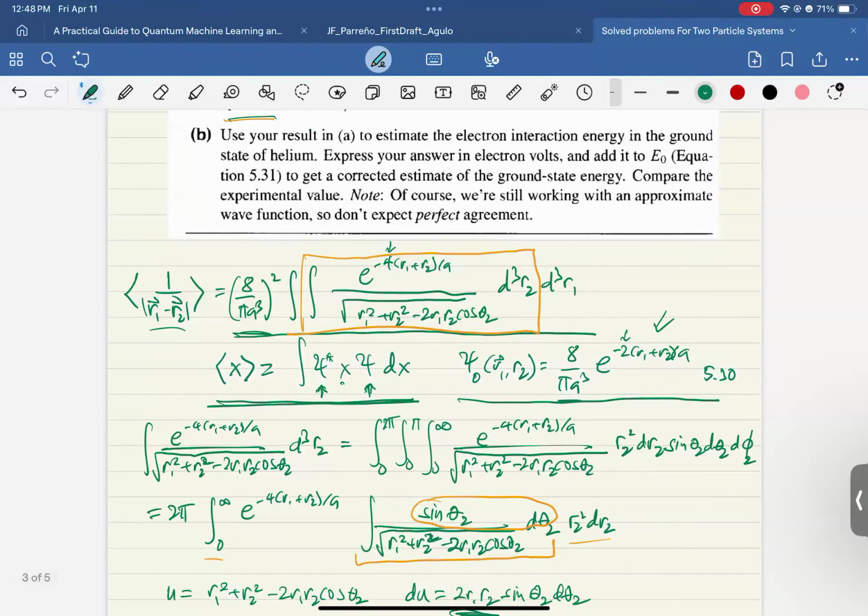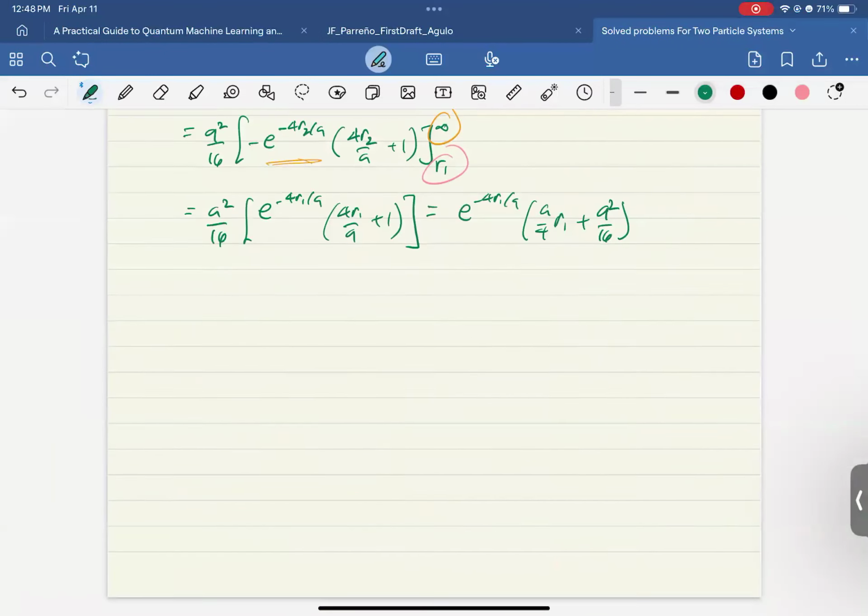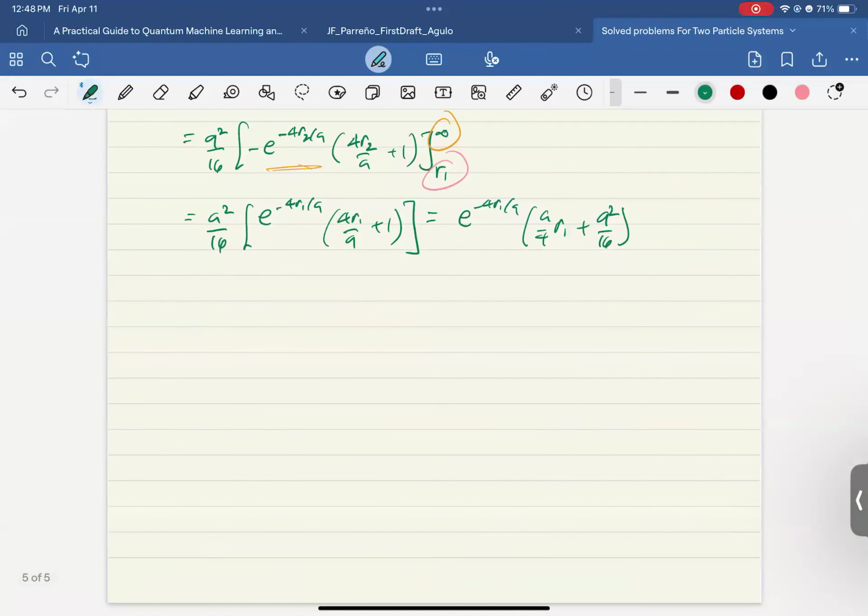So, ang sinolve pa lang natin ay yung naka-box in orange. Okay, so going back to this whole equation. So expectation value now R1 minus R2 equals 8 over pi a cube squared and then integral, okay, ng 4 pi exponential minus 4 R1 over a, and then 1 over R1.